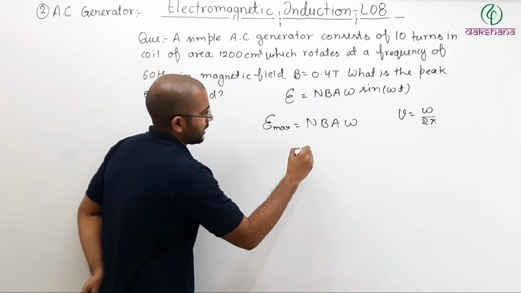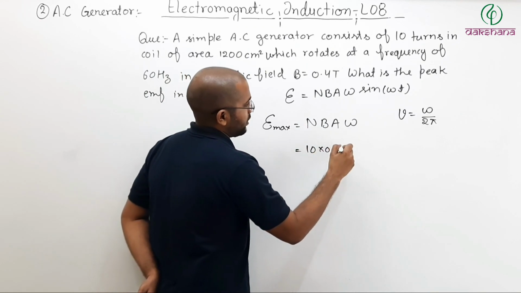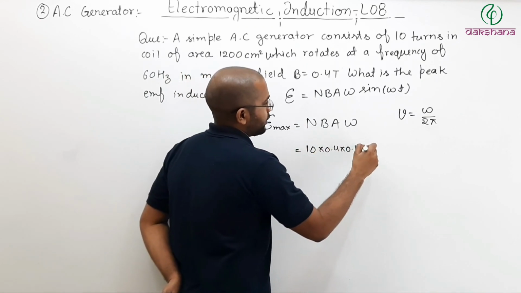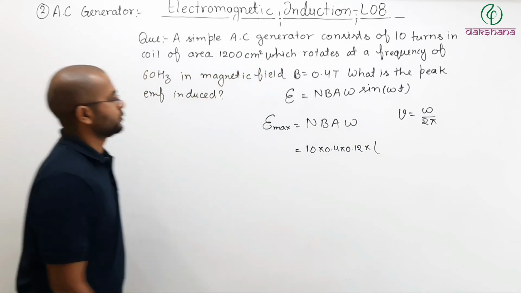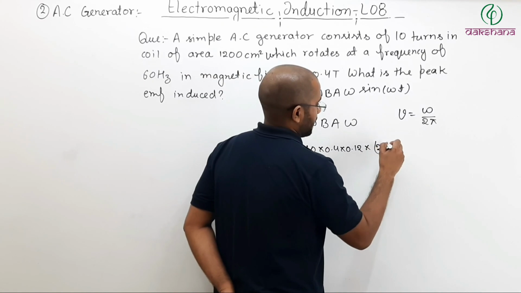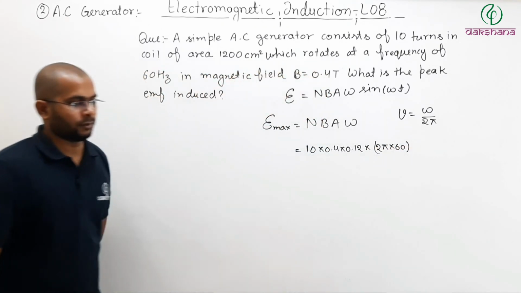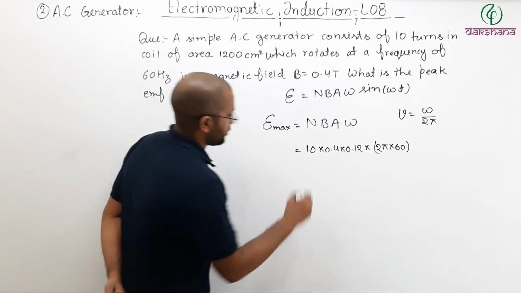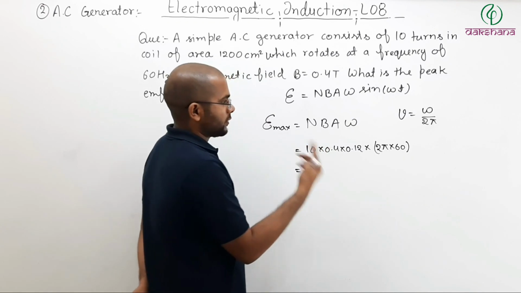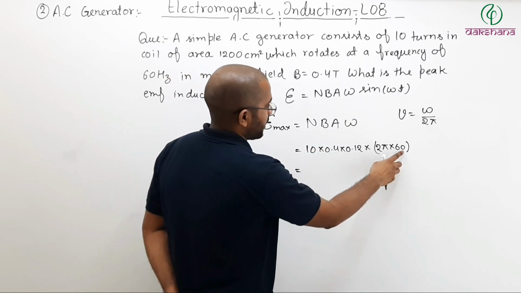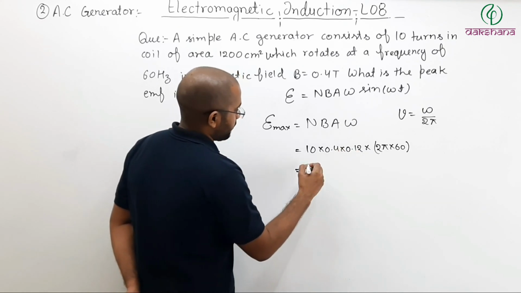So this may be written as 10 times 0.4 times 0.12 times omega. Omega is 2 pi times 60, that is your value. If you solve this, you will get 10 times 0.4 is 4, times 1.2 is 4.8.